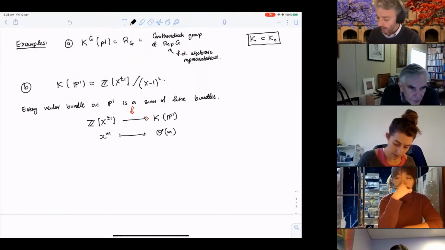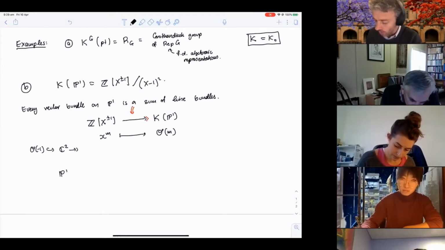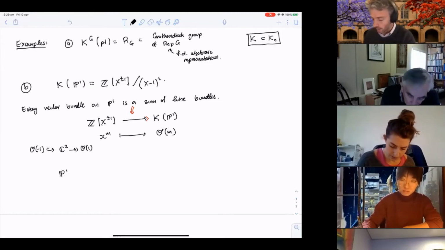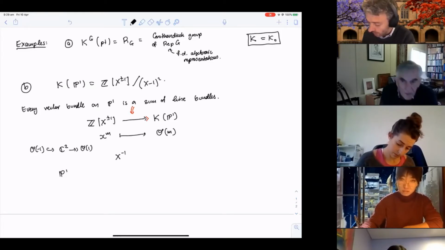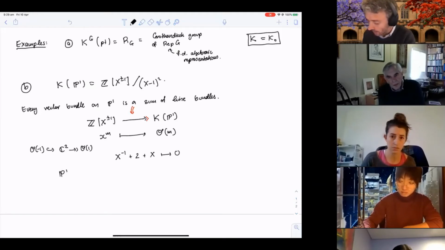Another way of saying that is that on P1 we have the trivial two-dimensional vector bundle, and then the tautological subbundle, and the quotient of this is O of 1. So that tells us that x inverse plus 2 plus x maps to 0 over here, but we can rewrite this as saying that x minus 1.